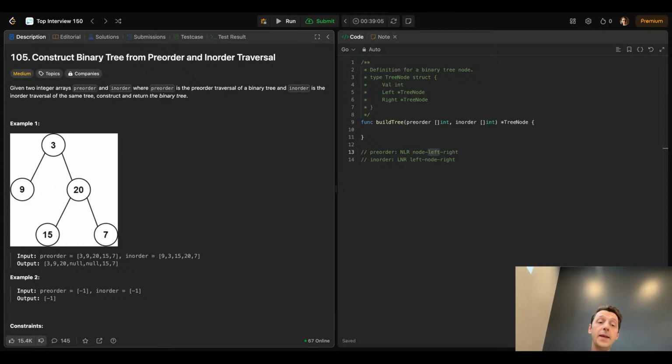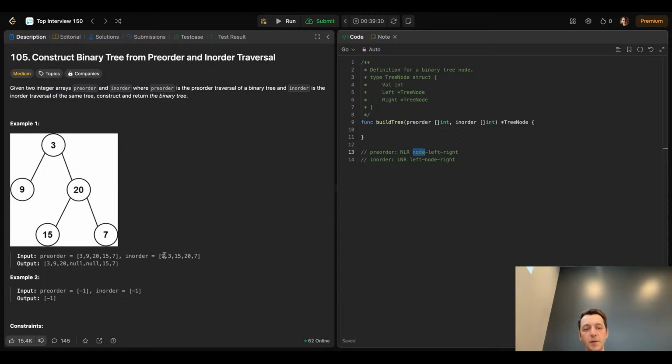So 9 is a child. There it is in itself. The inorder could give you some descendant, because it starts with a node. It could be a node of the node of the node. But preorder definitely gives you a child.